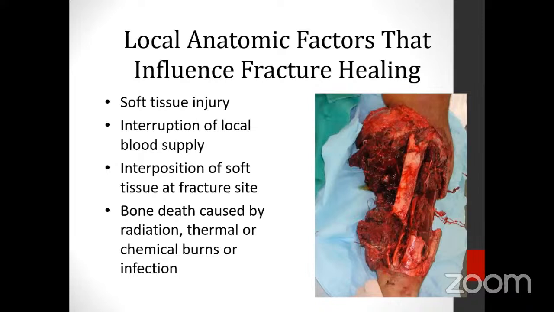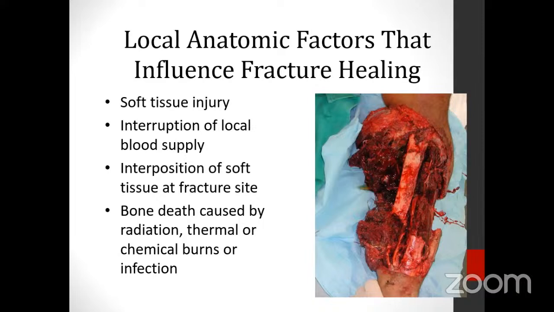After going through the process of fracture healing, there are some factors, some systemic and some anatomical local ones, that might affect the fracture healing. As you see from the image on your right side, whatever way you fix this fracture, the soft tissue will play an important role in the healing of this fracture.